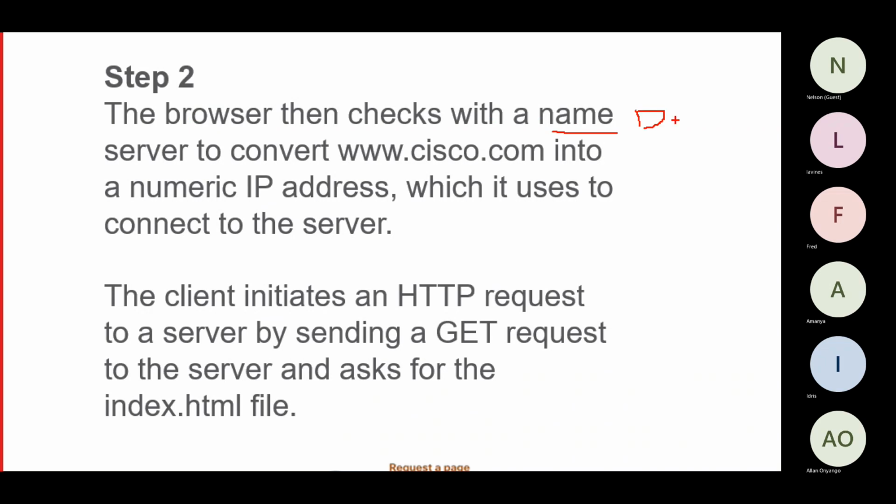The DNS server will convert this cisco.com name into a particular IP address. And the IP address is needed because we need to use it to connect to the server.